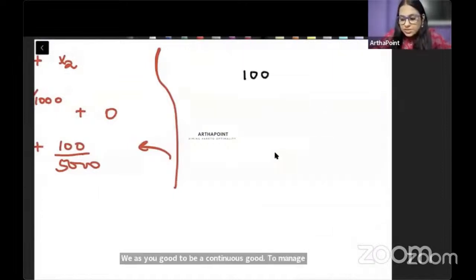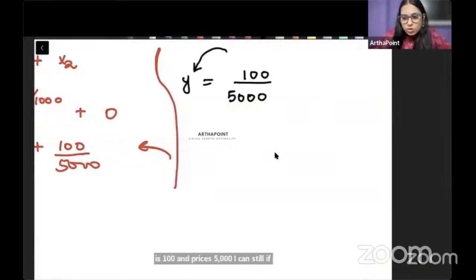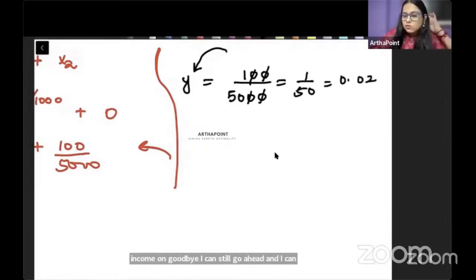So if my income is 100 and price is 5000, if I put all my income on good 2, I can still consume 1 by 50, which means 0.02 units of good 2. So I will not say it is out of my reach. It is still within reach, right? So we cannot say that it is out of reach. That will not be a right statement to say.